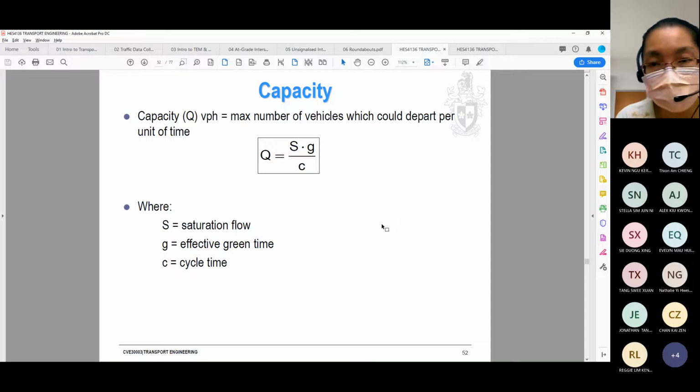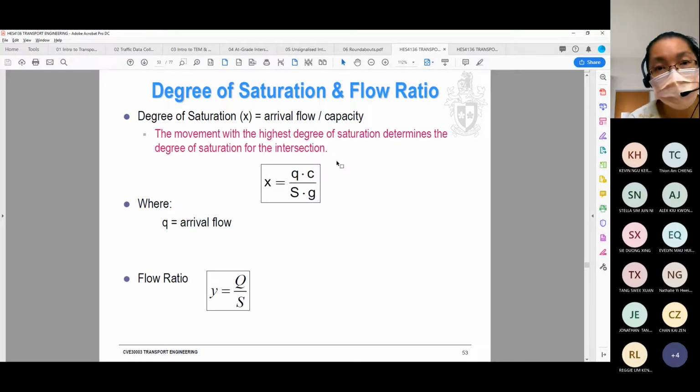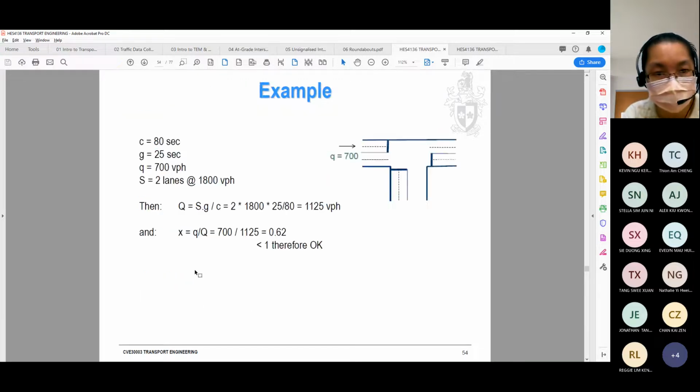After you have determined the saturation flow, only then can you determine the capacity. And once you have determined the capacity, then you can determine other performance parameters, such as degree of saturation and flow ratio.